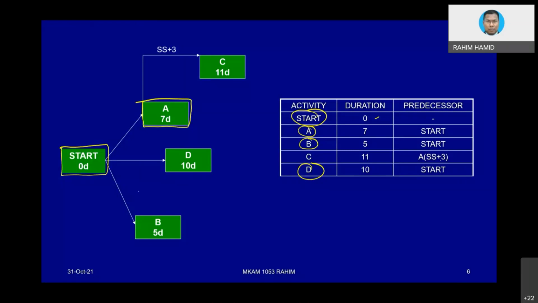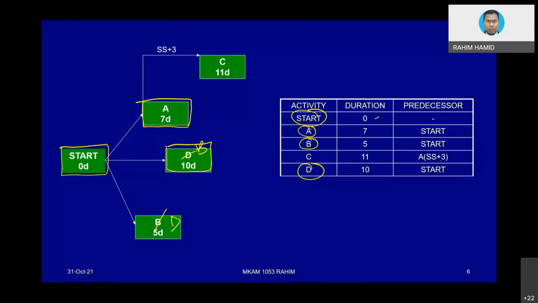The issue is that sometimes some of you might draw B here. You put B here, for instance, and D here. So it doesn't matter. It is not wrong, except that later on your drawing might have some kind of tangling around, crisscross. Crisscross, you don't have to bother. Just on paper only, it is okay for the arrows in this network diagram to crisscross.